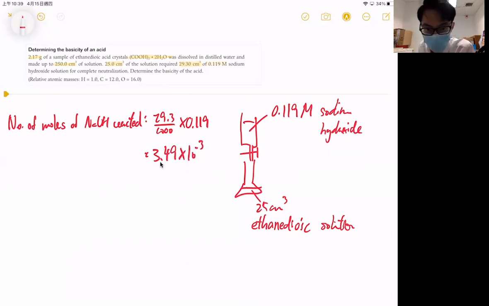And afterwards, what we need to do is to calculate the number of moles of ethanedioic acid inside 25 cm cube. First of all, we have the grams for the ethanedioic acid, and we will know the molar mass. And inside 250 cm cube, we will know the number of moles of ethanedioic acid. How can we calculate?